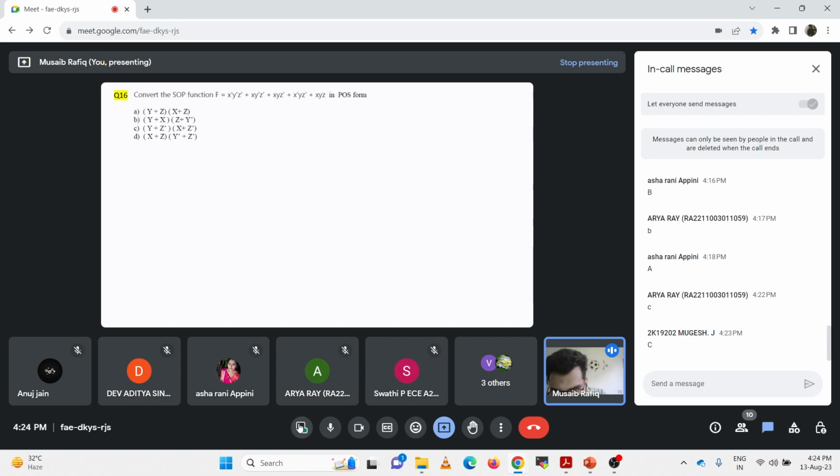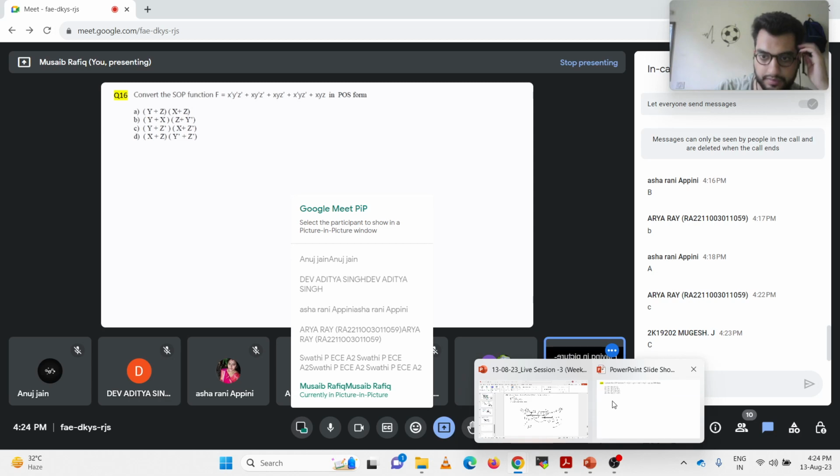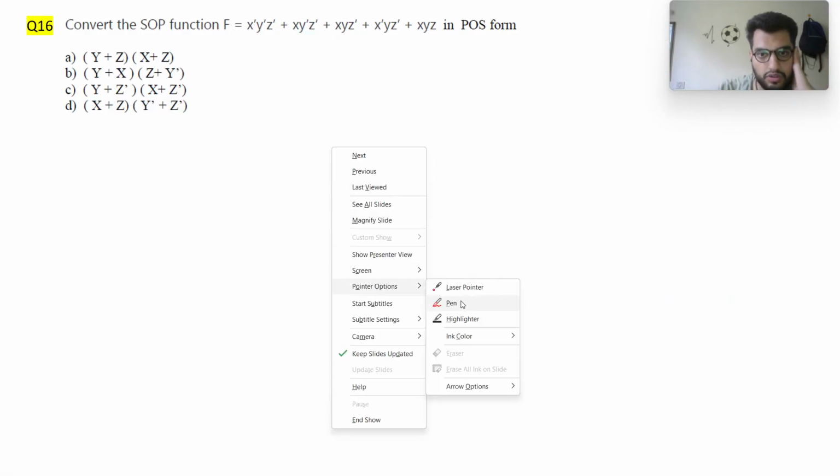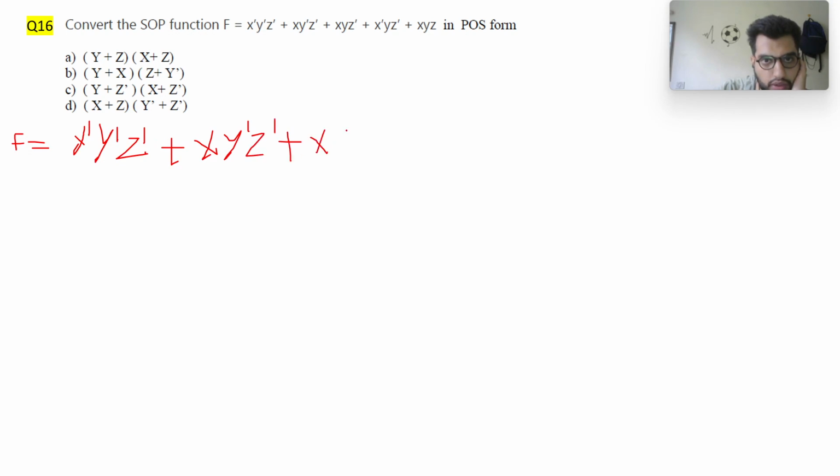So now let me just show you the solution. So we are given f is equal to x dash y dash z dash plus x y dash z dash plus x y z dash plus x dash y z dash plus x y z.